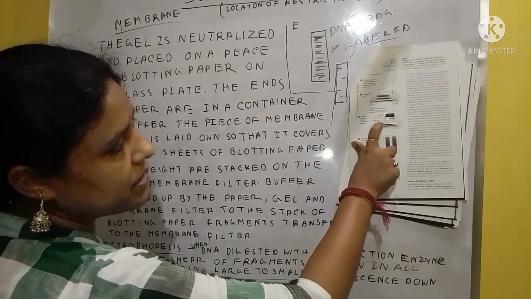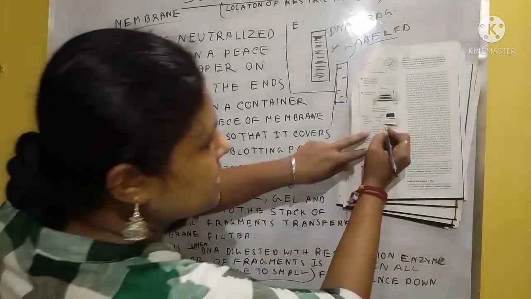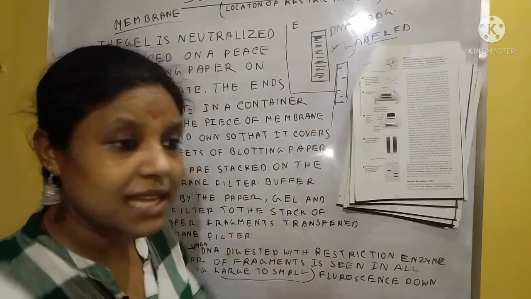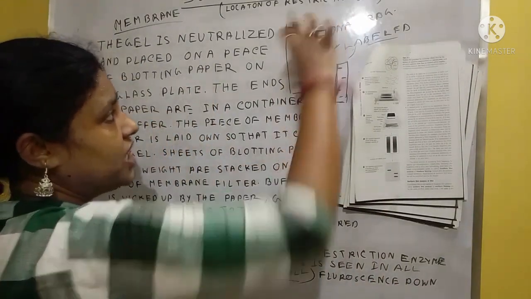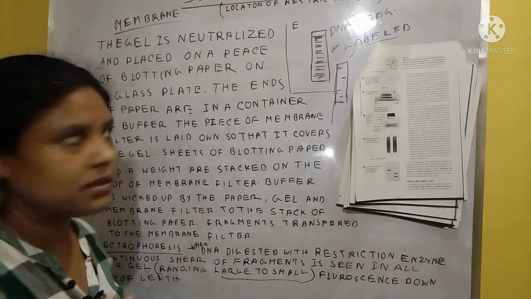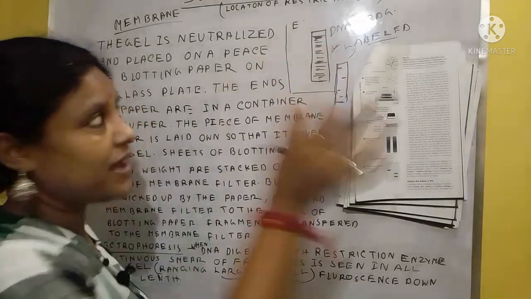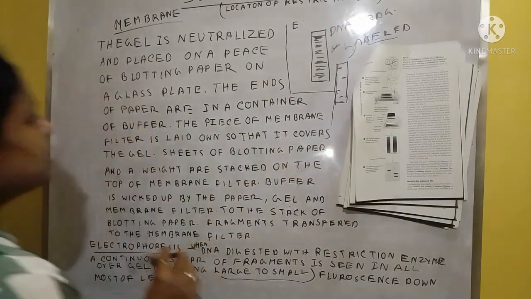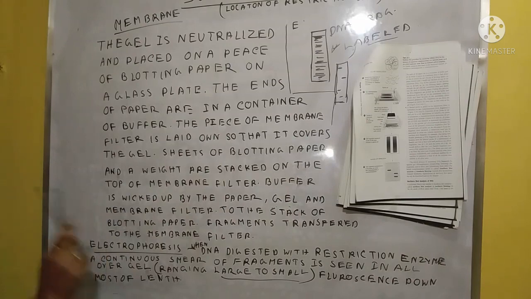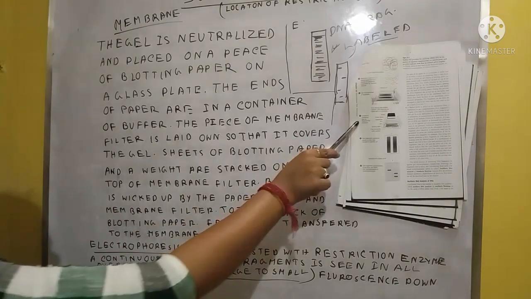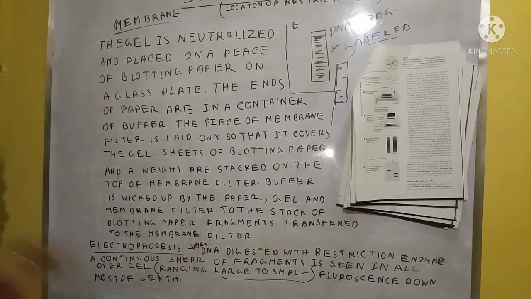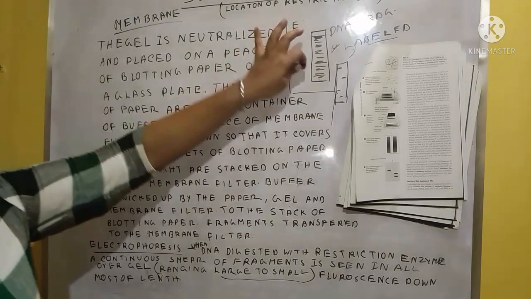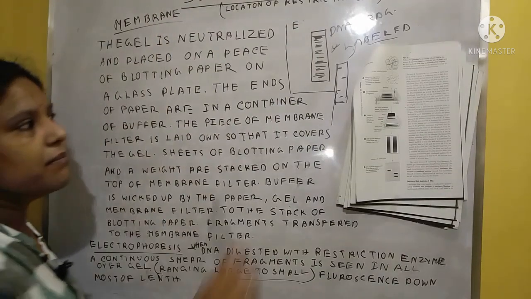It is kept over the gel in such a way that the total imprint of the gel's DNA fragments is made on the membrane filter. Clear? The sheets of blotting paper and the weight are stacked in such a way that after some time the DNA fragments in the gel transfer to the membrane filter.